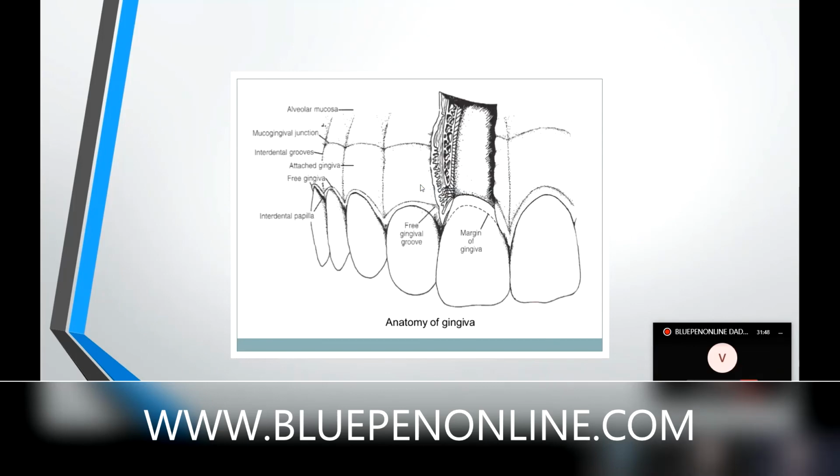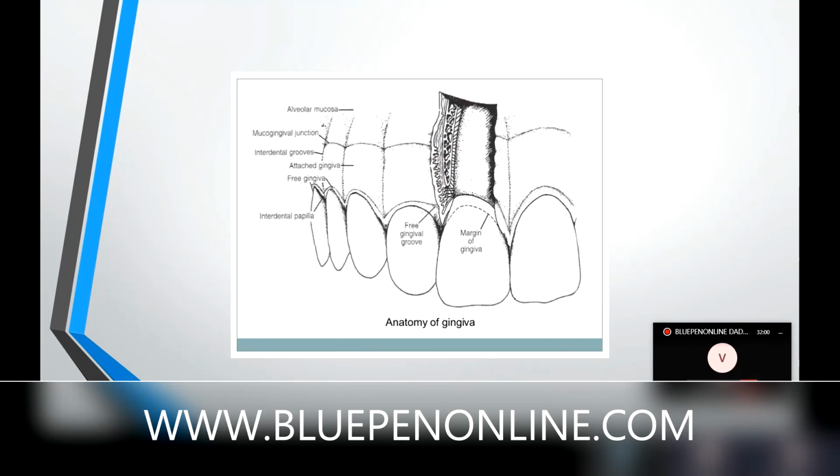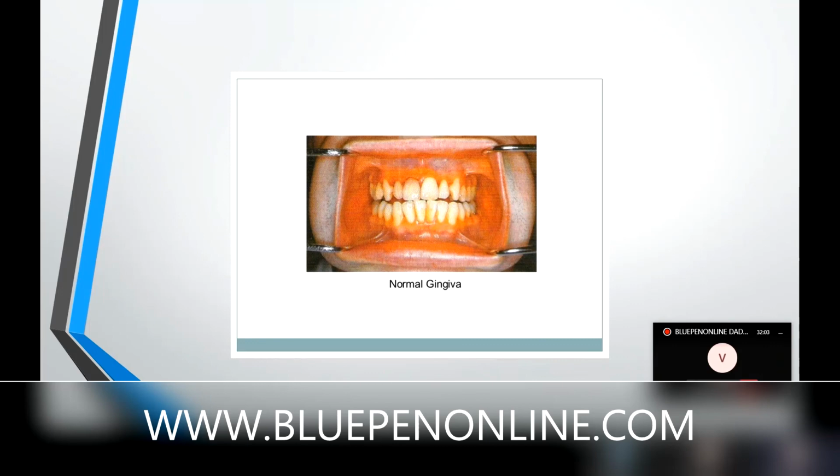This papilla, interdental papilla, you have in between one tooth and another.